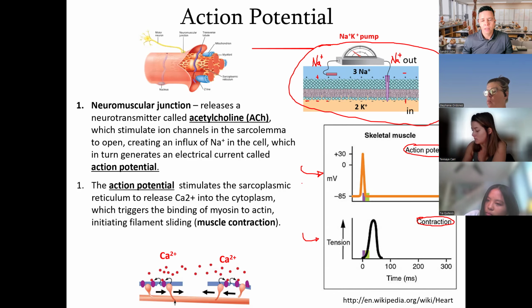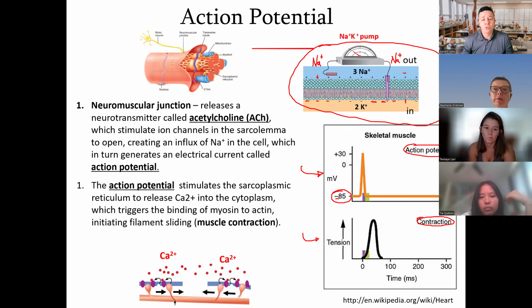Everybody look up here. When the cell is at rest, inside the skeletal muscle cell is minus 85 millivolts. We have seen here, it is negative, right? Now, let's open the ion channels and allow the sodium to enter. And let's track it right here with the action potential inside the skeletal muscle.